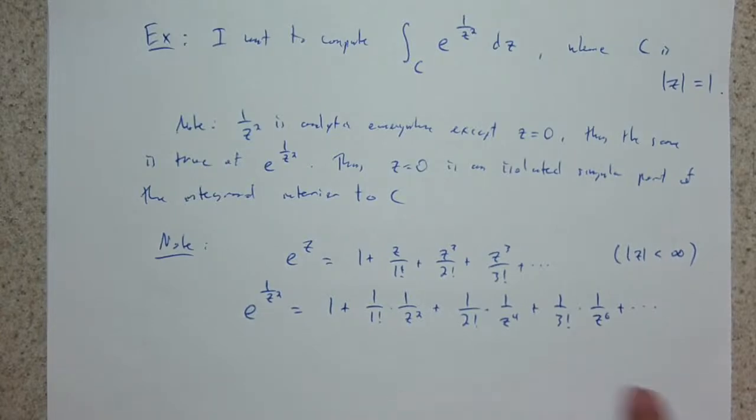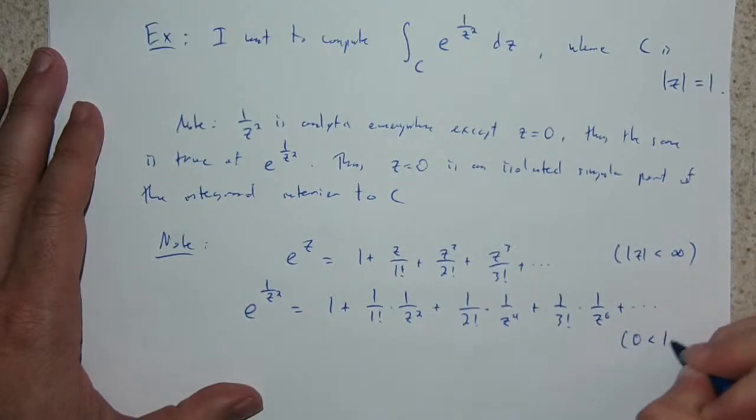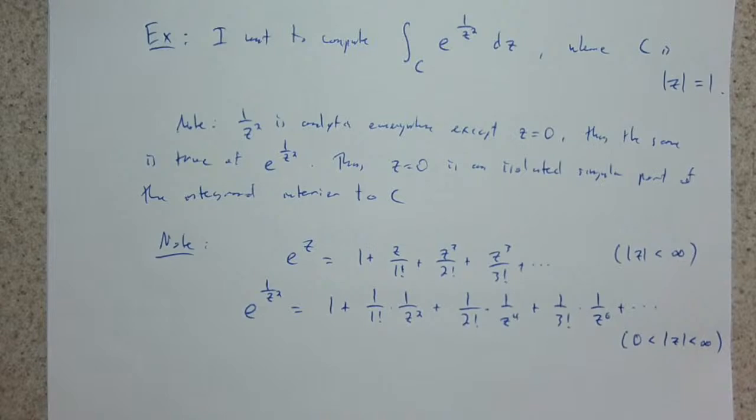And this is valid on the punctured plane. And so this is my Laurent series expansion. I found a thing in the form of a Laurent series, and due to uniqueness of Laurent series expansions, this has to be it. And so I have to be able to compute these coefficients by all those formulas in Laurent's theorem.